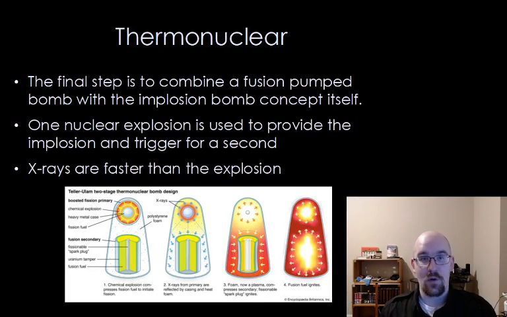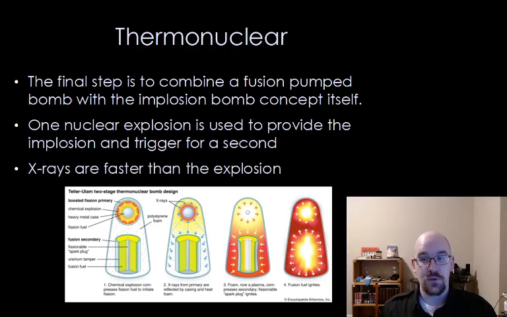Now we get to the big boys, which is the thermonuclear bomb. This combines the concept of fusion pumped bombs with the implosion basic idea by creating an implosion from a nuclear blast.